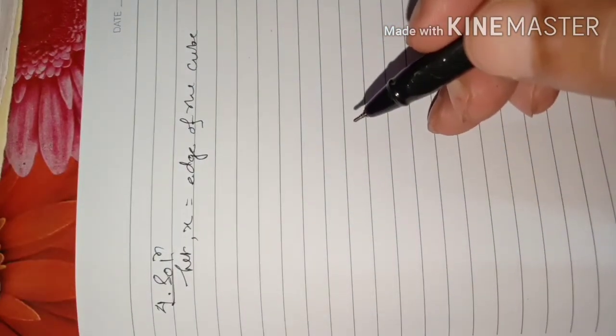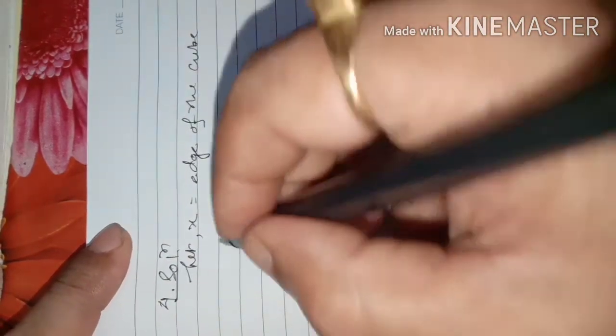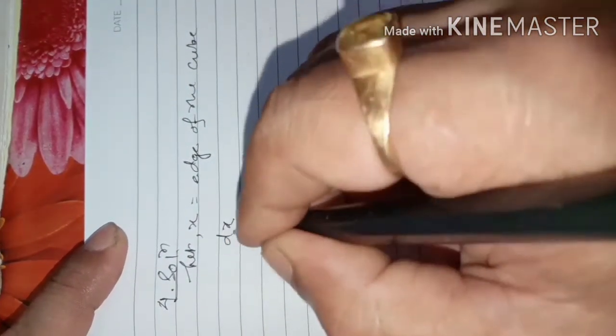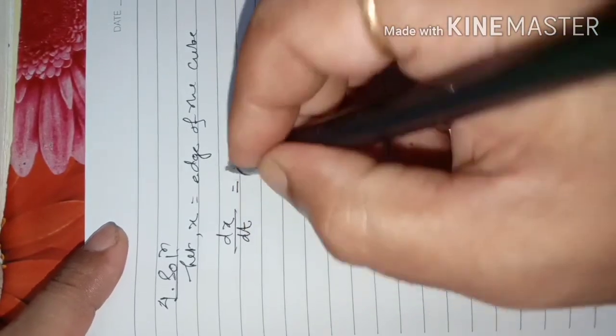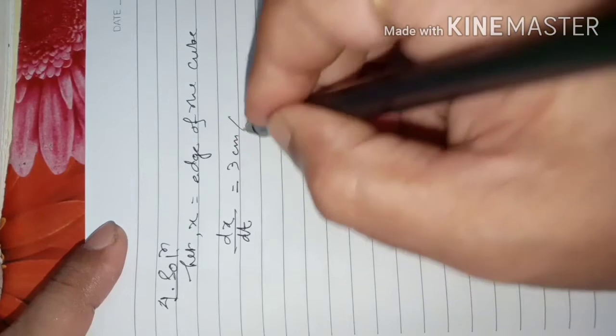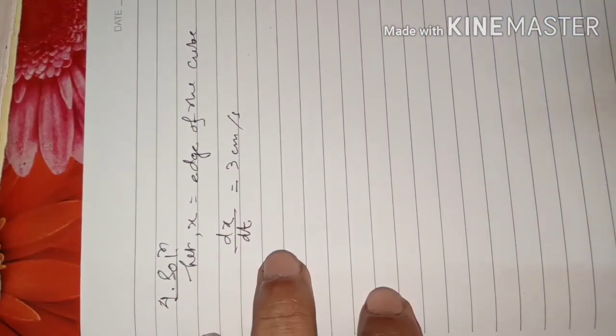Then dx by dt is given to you, because the rate of change of edge with respect to time is given as 3 centimeter per second. So this is given.